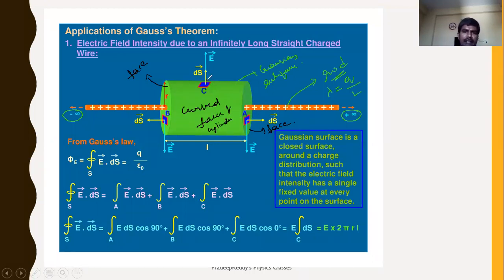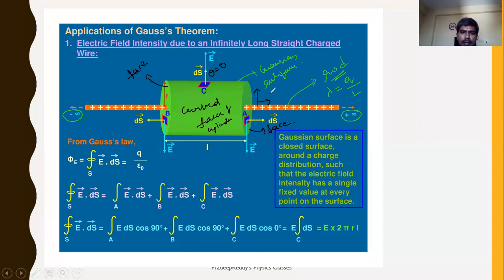Now look here, electric field is upward, ds bar, area vector is also upward. What is angle over here? Theta will be equal to 0, right? As theta is equal to 0, flux passing through the cylindrical surface is maximum. Now coming to side faces, electric field is in which direction? Upward. Surface area is in which direction? Right side.